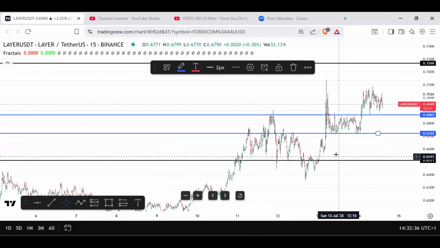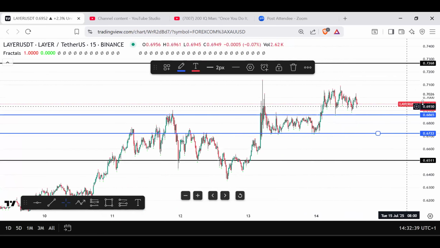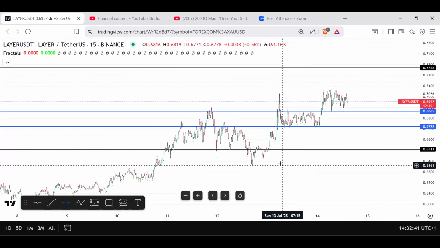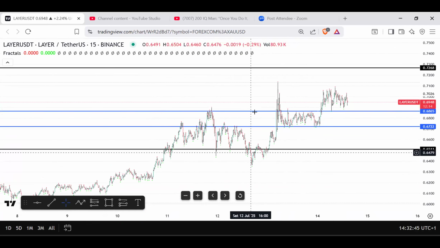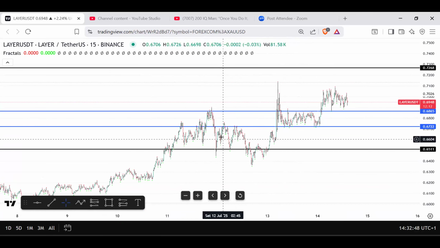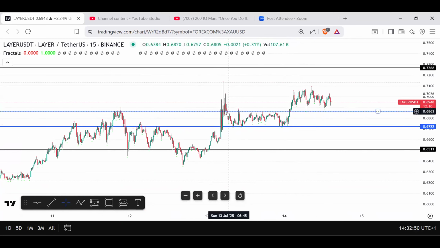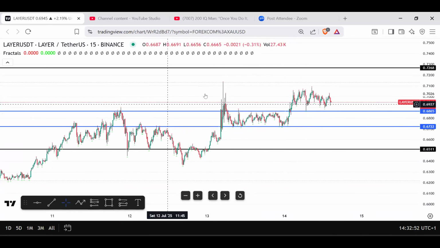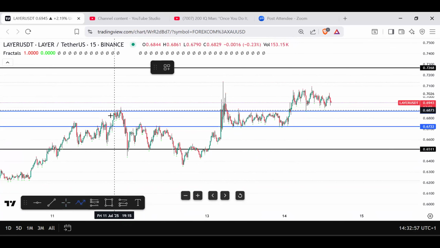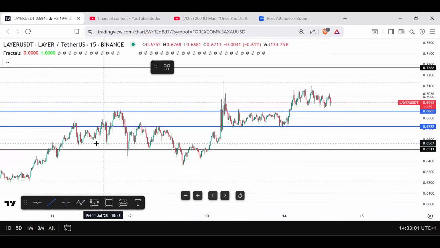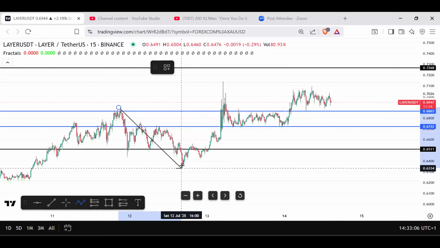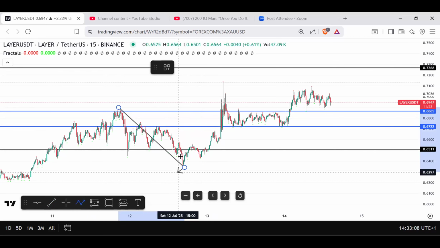Identify the trend. Yes, it's an uptrend. You can already see there was a valid pullback here, then a break. A CHoCH happened, and the trend has changed.